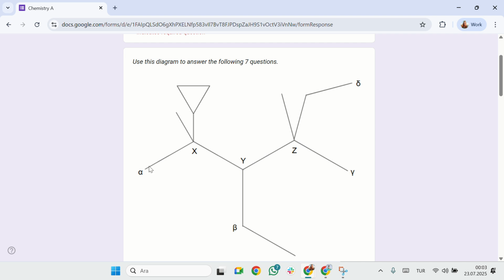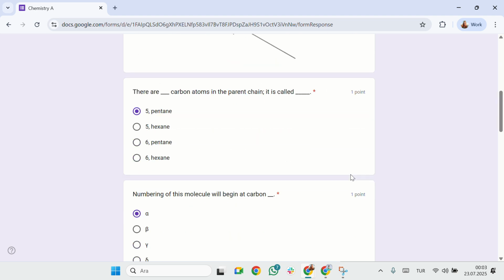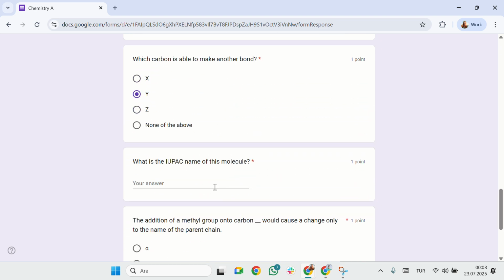Oh, wait, sorry, I lost my count. 1, 2, 3, 4, 5, 6, 7, 8, 9, 10, 11, 12, 13, and 14. Let's say carbon 14. This is horribly wrong, I think.